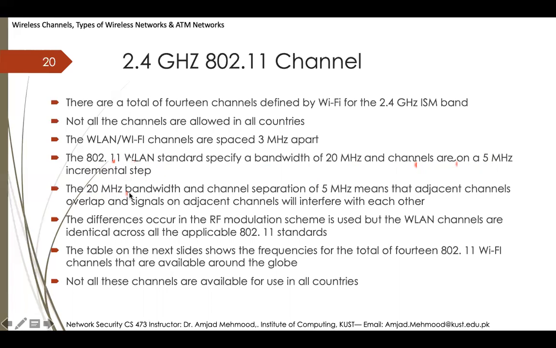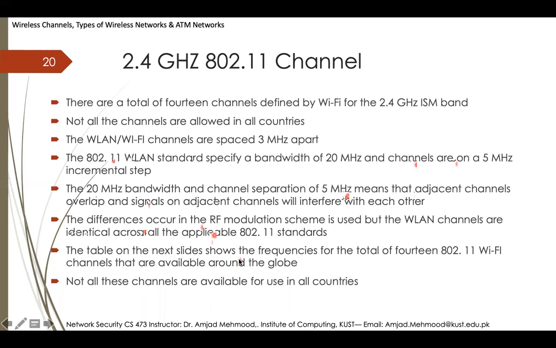The 20 megahertz bandwidth and channel separation of 5 megahertz means that adjacent channels overlap, and signals on adjacent channels will interfere with each other. The RF modulation scheme used by WLAN channels is identical across all the applicable 802.11 standards.